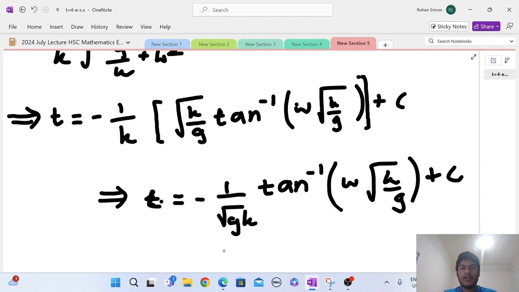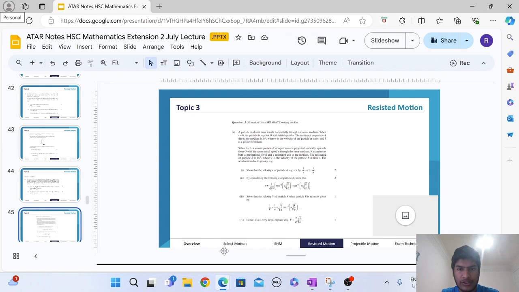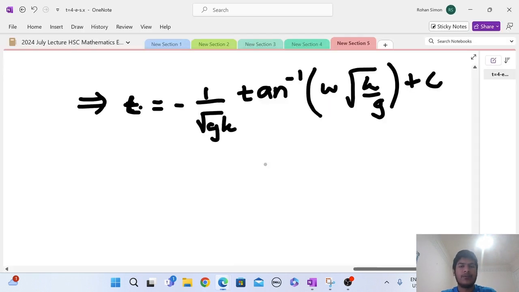Right. Now to evaluate the constant here, we're going to have to use some initial condition. So looking back at the problem, we're told that at t equals 0, the second particle is projected vertically upwards from O with the same initial speed u. So that means at t equals 0, v equals u, or w equals u in this case.